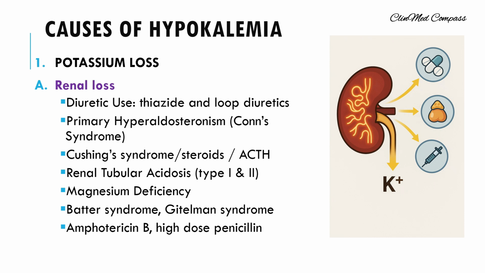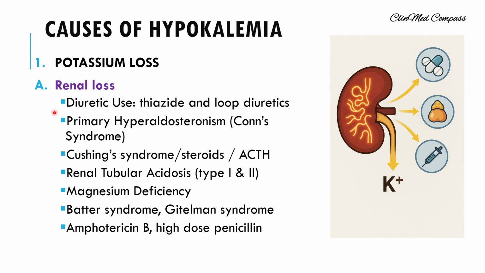Now we'll look at the causes of hypokalemia. We'll start with potassium loss. Potassium can be lost from the body via the kidneys as well as the gastrointestinal tract. So we'll start with the renal loss of potassium.